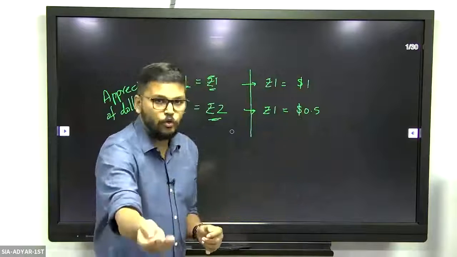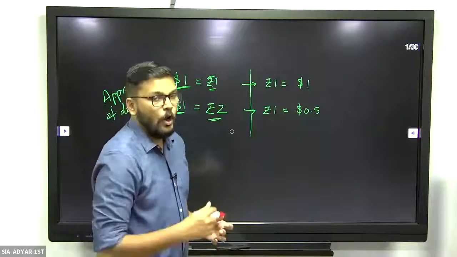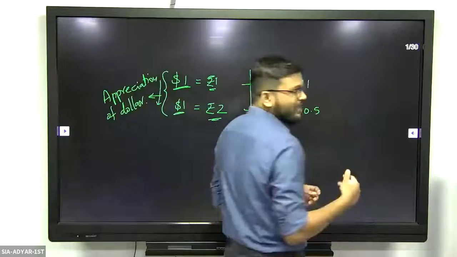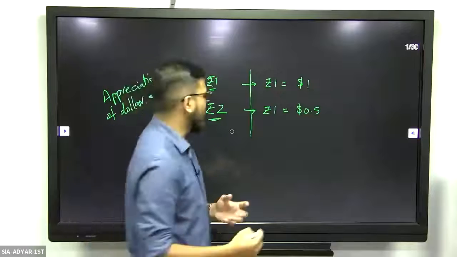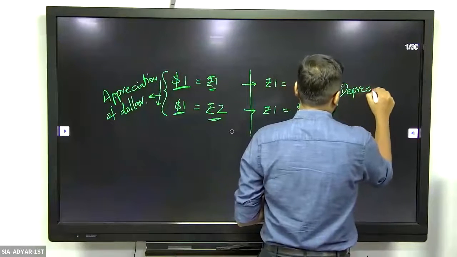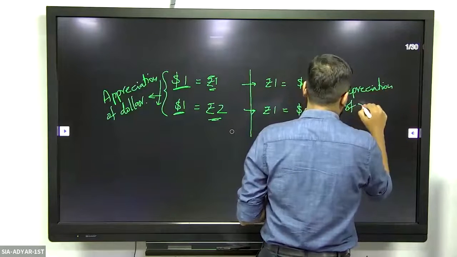You gave a rupee and used to get $1. Now you give a rupee and only get half a dollar. Or you can buy a rupee at half the price as previously, which means the rupee is losing its value. The rupee is becoming cheaper. This is what we call depreciation of rupee.